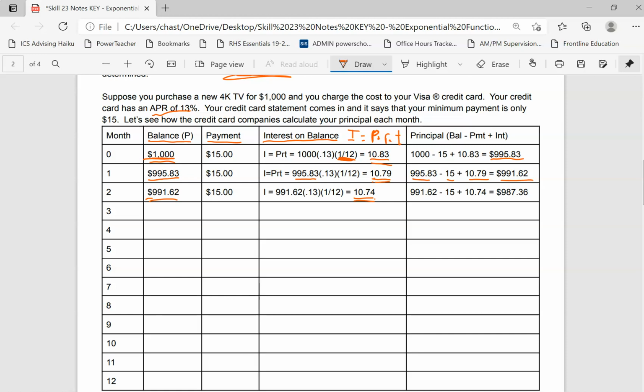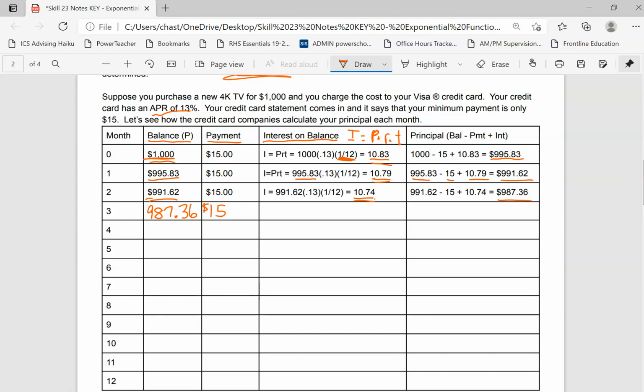What's going to happen is you're going to keep following this process here. So I'm going to carry this balance over, 987.36. We're going to pay another $15 on it. To figure out the interest, I'm not going to write all that out anymore. I'm just going to take 987.36, multiply it by 0.13.